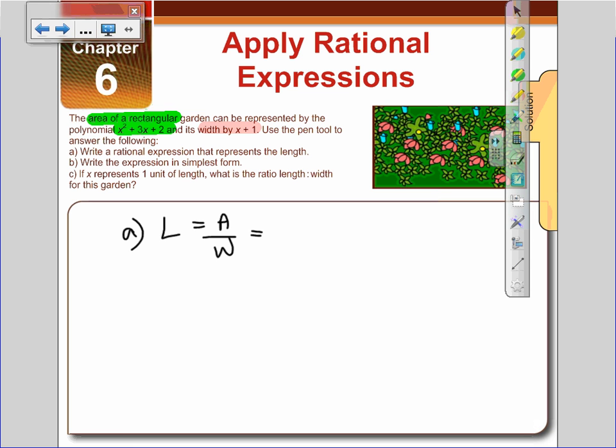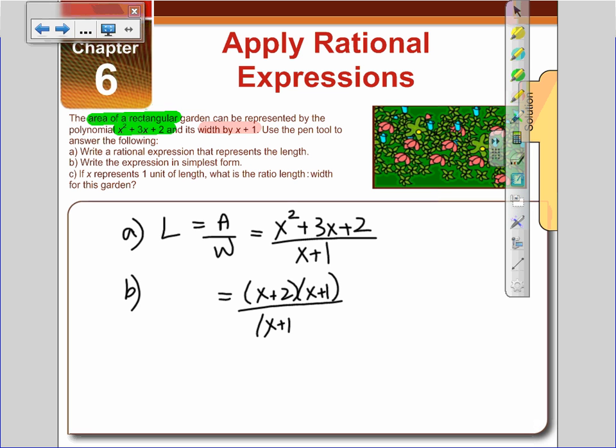So that would be x squared plus 3x plus 2 divided by the width, which is x plus 1. And then question B says simplify that. So we're going to factor the numerator, and you'll see that there is a common factor in the numerator and denominator. Anything divided by itself is 1, so we're left with x plus 2.